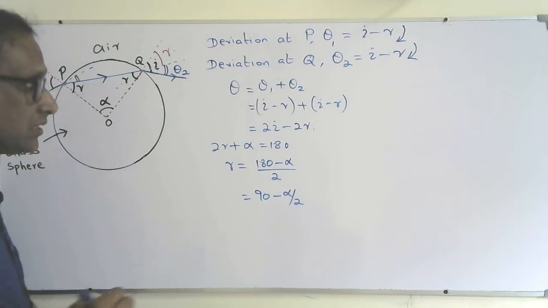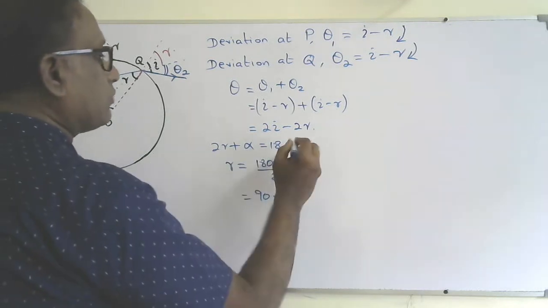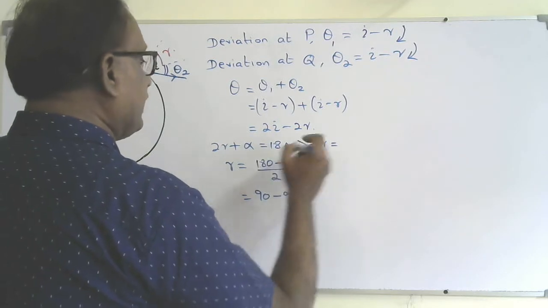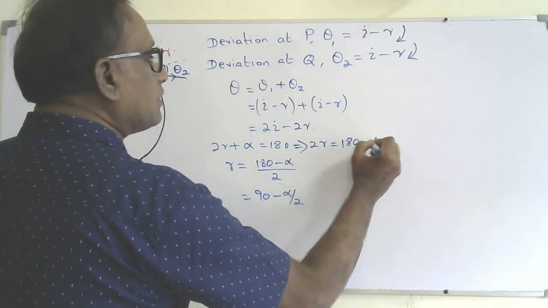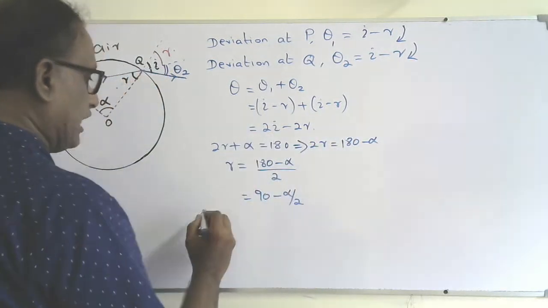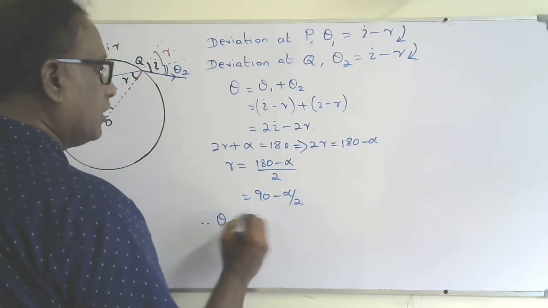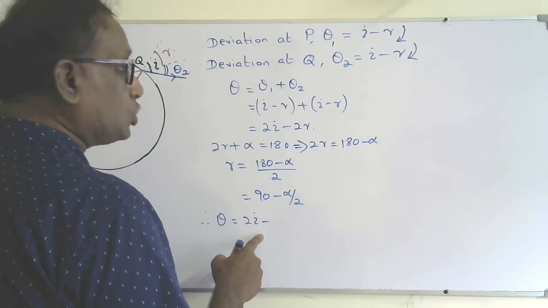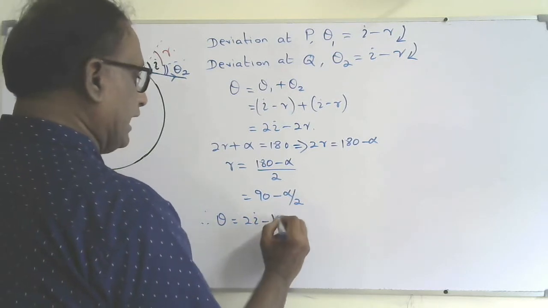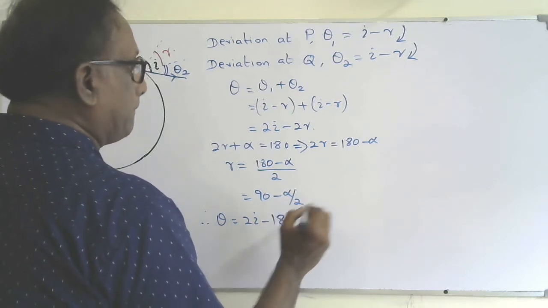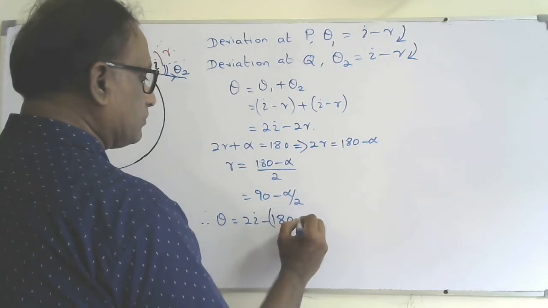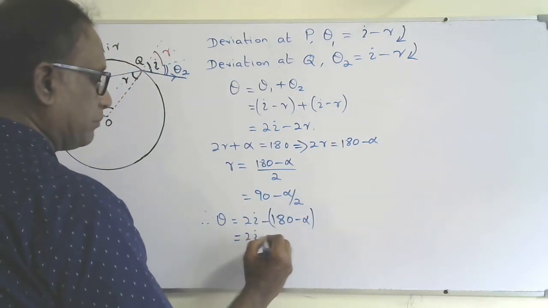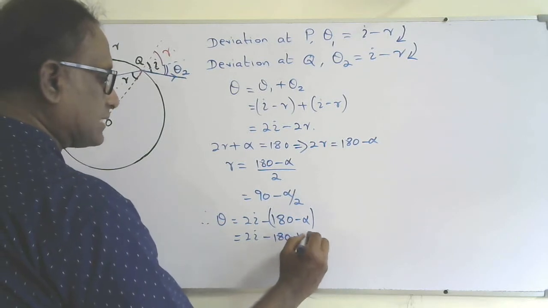So 2R equals 180 minus alpha. Substitute that here. So therefore theta is equal to 2I minus (180 minus alpha). So that is 2I minus 180 plus alpha.